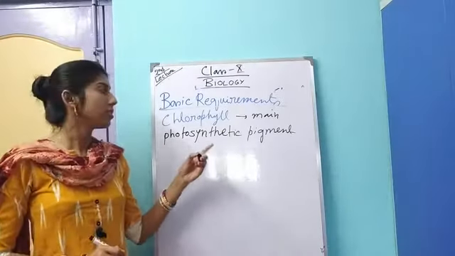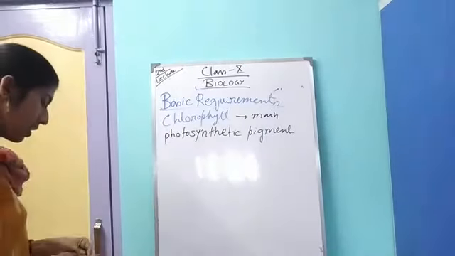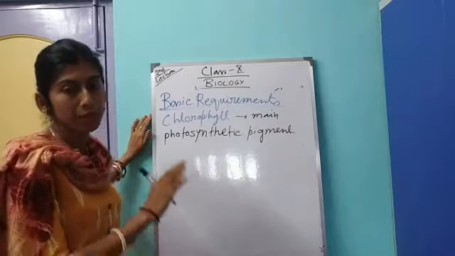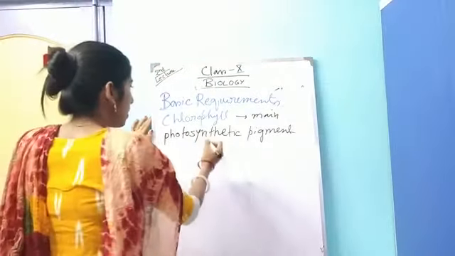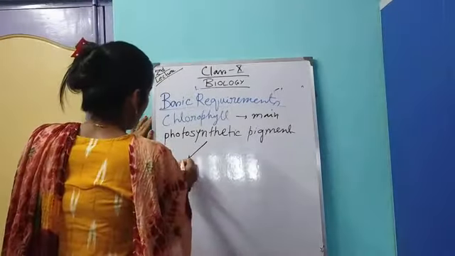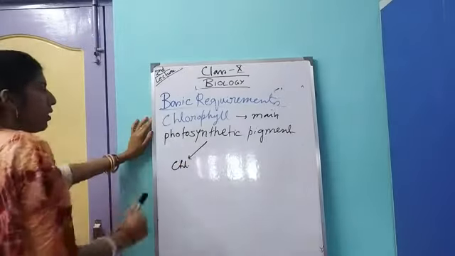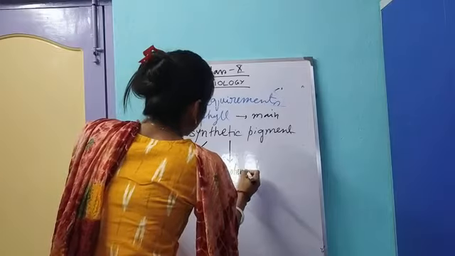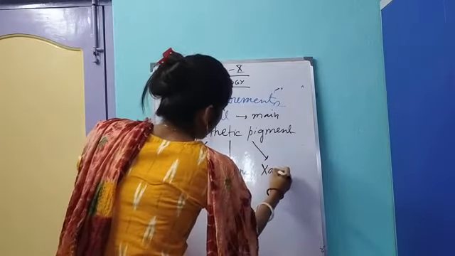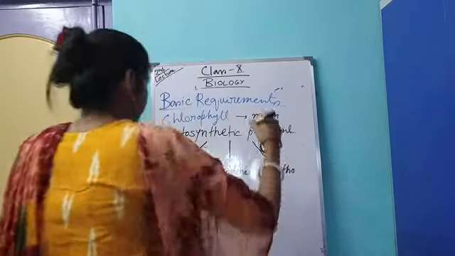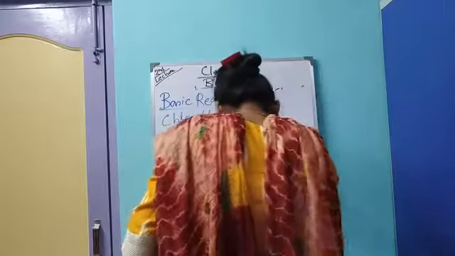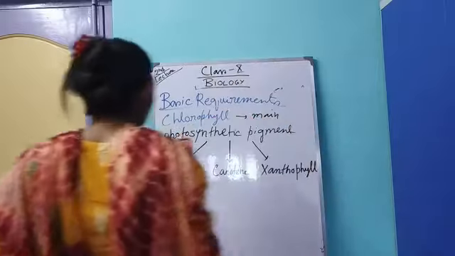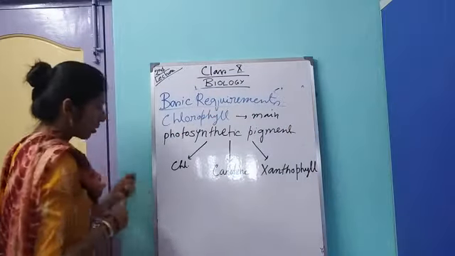If we consider these photosynthetic pigments, there are some different photosynthetic pigments. Mainly 3 types of photosynthetic pigments can be found. First one is chlorophyll. Second one is carotene. And third one is xanthophyll. Okay. So what is the color of the chlorophyll?